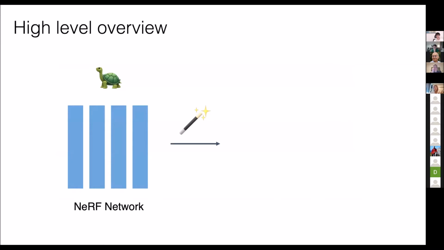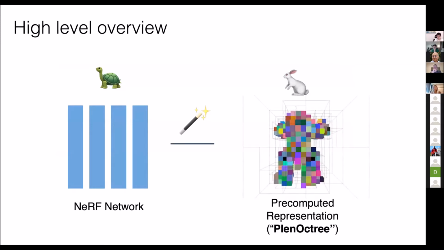If we do that, we can pre-compute and pack this in a representation that we call PlenOctree, because we're inspired by the plenoptic function. It really is that picture we just saw: we store these spherical functions sparsely in this grid, which is what the plenoptic function is modeling. Okay, so that's really the big picture.